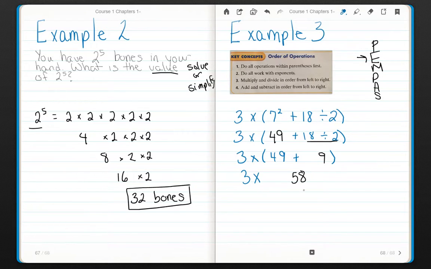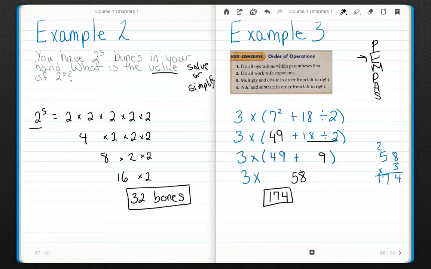So now I have 3 times 58. Not sure what that is, so I'm going to go over to my scratch paper off to the side. 3 times 8 is 24. 15, 16, 17. So my answer, which comes out the bottom of my funnel, is 174. Okay?